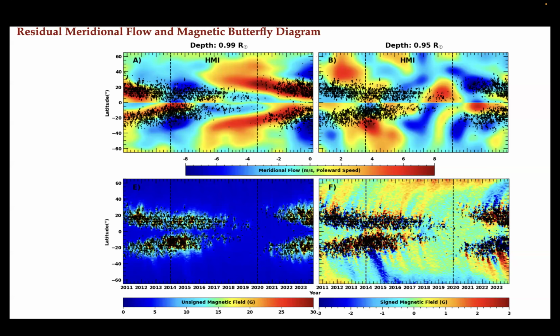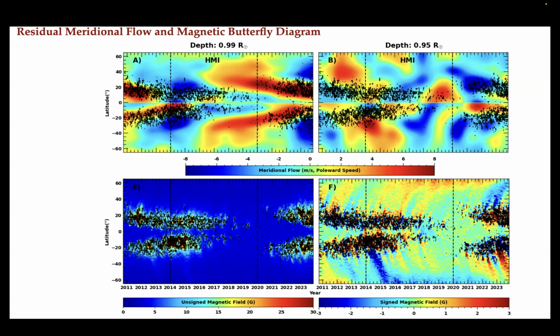The flow is opposite to the usual meridional flow. So that means since the flow is towards the sunspots, it is opposing the poleward transport of flow. Basically, it is opposing the regular meridional flow. So in principle, we expect the poleward transport of magnetic flux to be reduced.